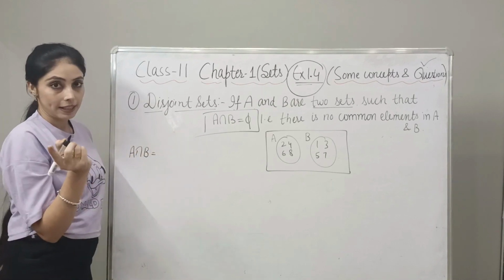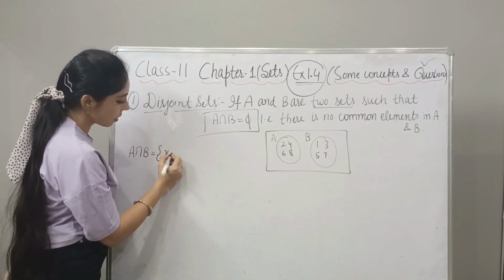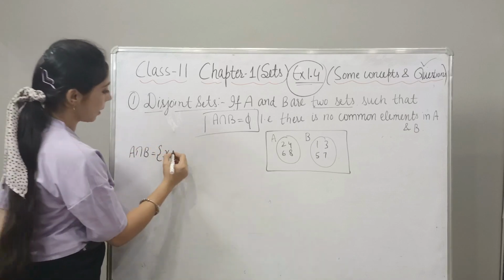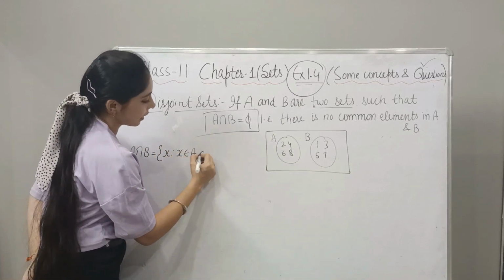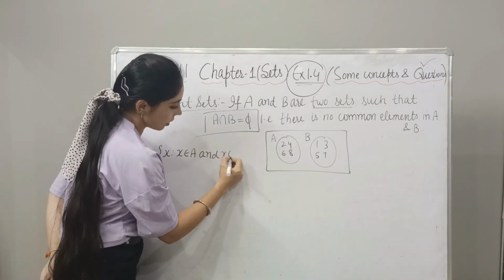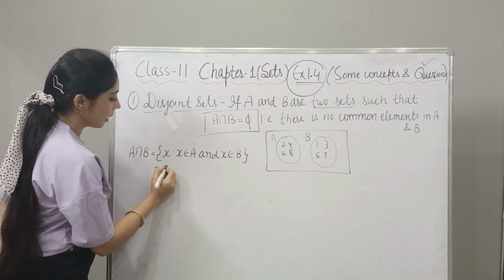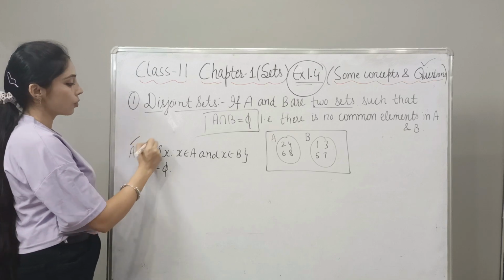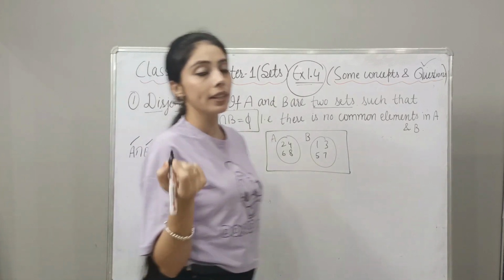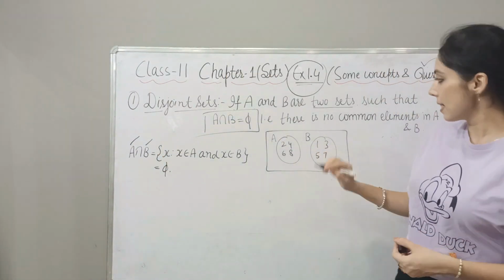If we have two sets A and B, the intersection contains those elements which are contained in A and also in B. If this is the empty set, then these two sets are called disjoint sets. Let's take this example.